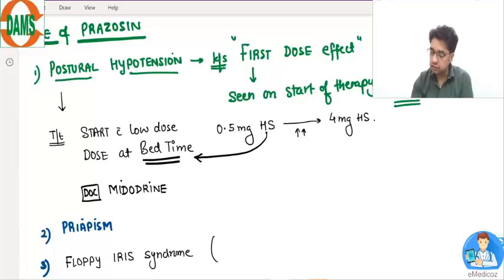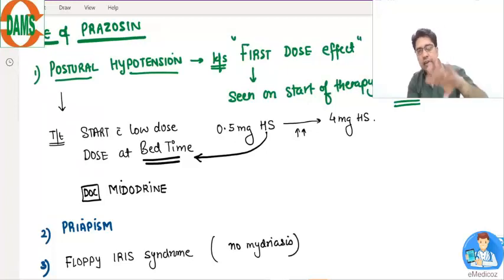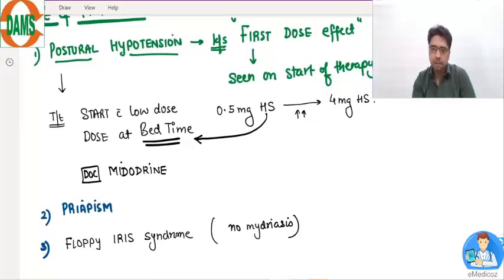In floppy iris syndrome there is no mydriasis. The iris will remain miotic and it will be floating in the aqueous humor. Floppy iris syndrome means paralyzed iris. Because mydriasis is not happening, the iris will remain paralyzed. So these are the side effects of prazosin.